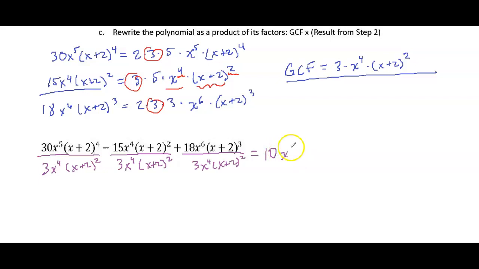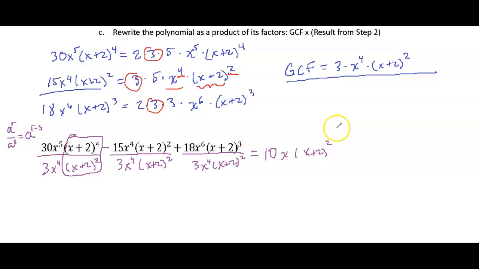That'll result in just x. And (x plus 2) to the fourth divided by (x plus 2) to the second power. That's going to leave us with (x plus 2) to the second power. We're going to treat these expressions like variables. Remember, the quotient rule for exponents says if we have the same base being divided by each other, we can keep the base and subtract the powers.